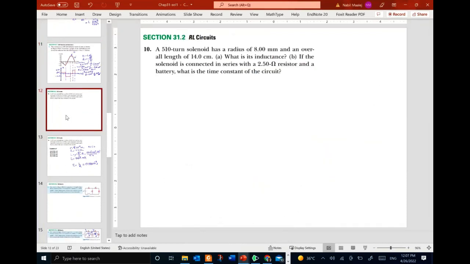Okay, so here the solenoid has 500 turns, a radius of 8 millimeter and a length of 14 centimeter. What is the inductance? Either you memorize it, or if you have a weak memory, like myself, I do the flux linkage divided by the current.